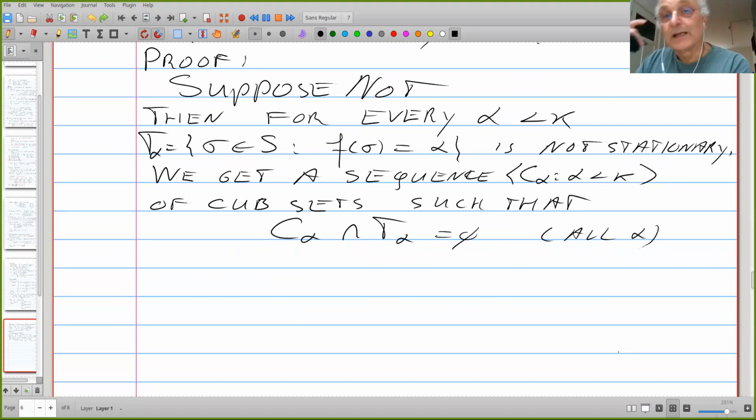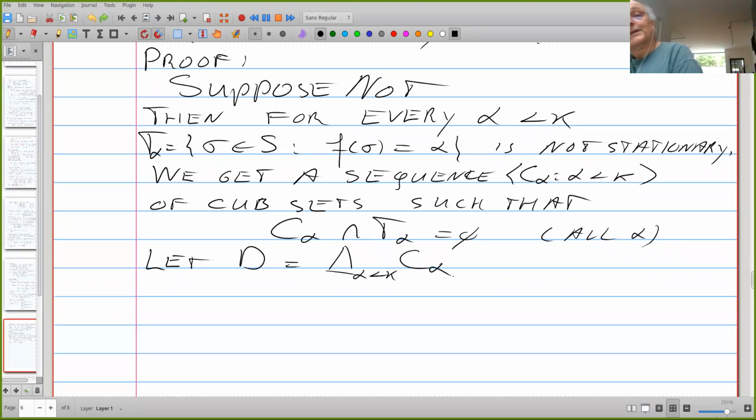Well, we can do at least one thing. We can take the diagonal intersection of all those C's. We have just proven that this diagonal intersection is club again.